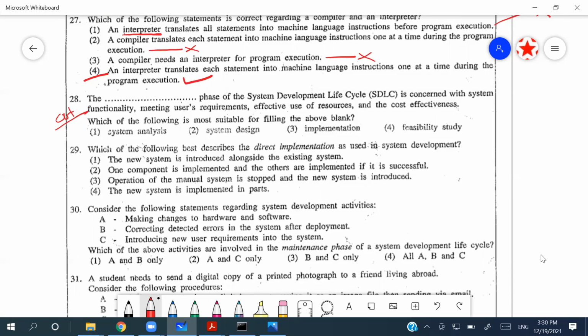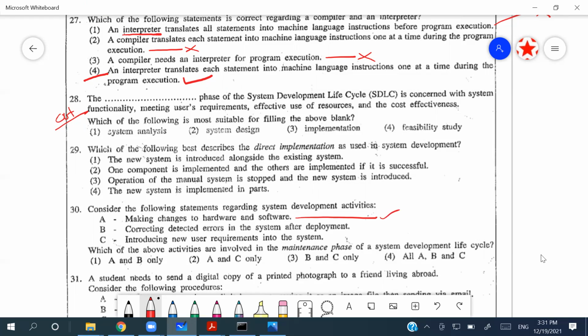Now, making changes to the hardware and software, they haven't told you whether it is a major change or a minor change, right? So generally, it's something we can do in the maintenance phase, so let's take it as a correct one.